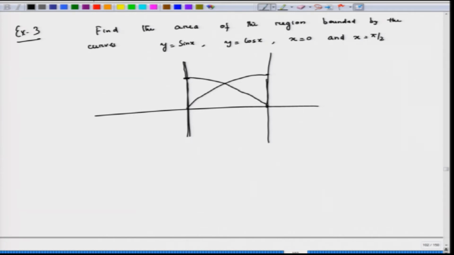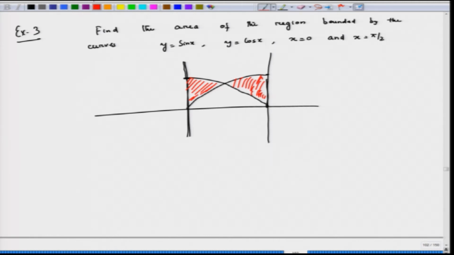Now, what is the area which is bounded by these curves? The region which is bounded by these four curves is this region and this region. This is the region bounded by these four curves.